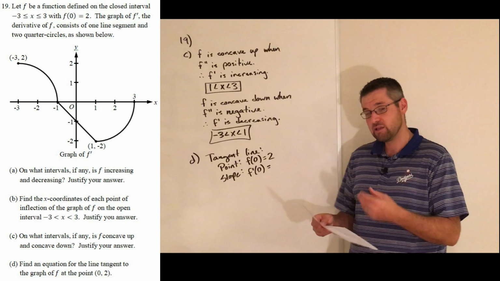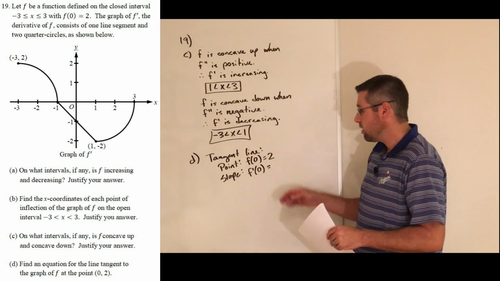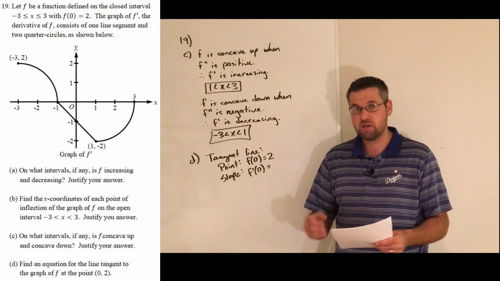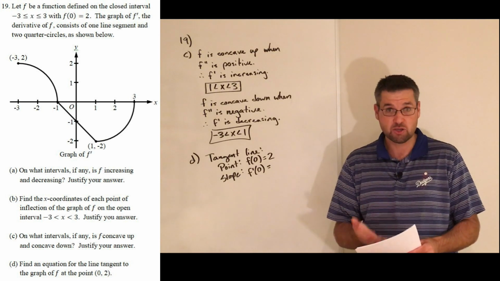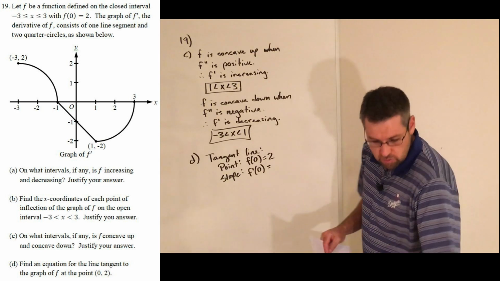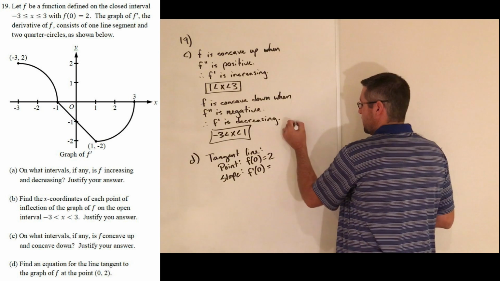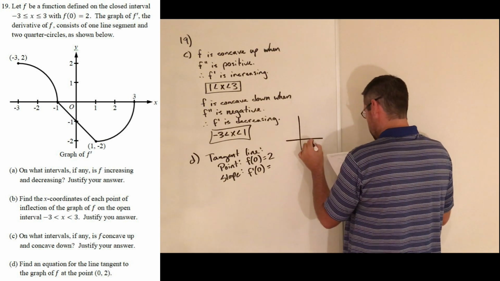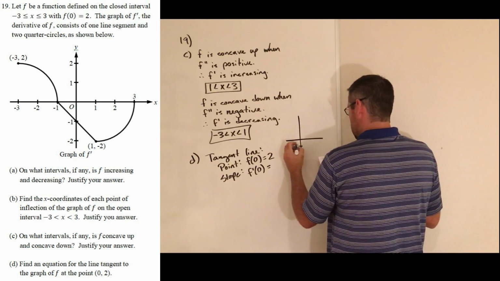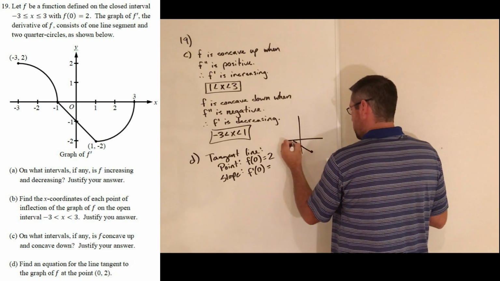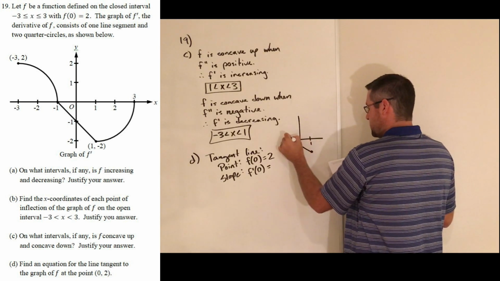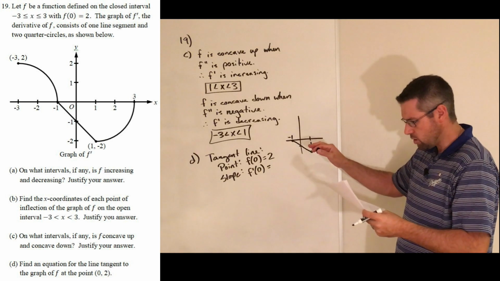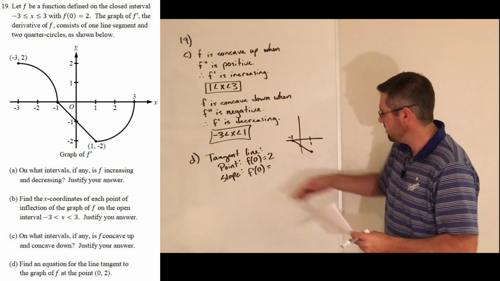So if I'm looking at the graph of f prime and I want to know f prime of 0, I'm just looking for the value of the function at 0. Let me graph this so we can get an idea of what's going on right at 0. We have something that just looks like this at that point. That's -1, that's 1. So we're looking for the derivative at 0.